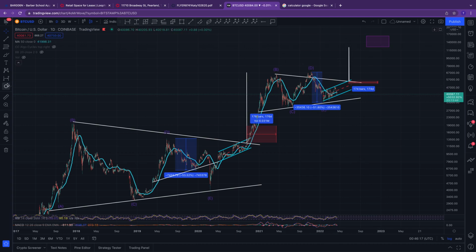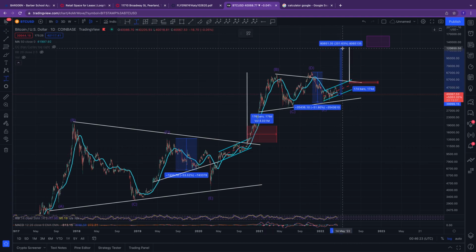For example, if you're buying Bitcoin today, you may be looking at a nice 200% gain. But as we know, if Bitcoin is doing 200%, that means everything else is doing 5x, 10x, 15x. So like I said, great opportunity for what's to come.